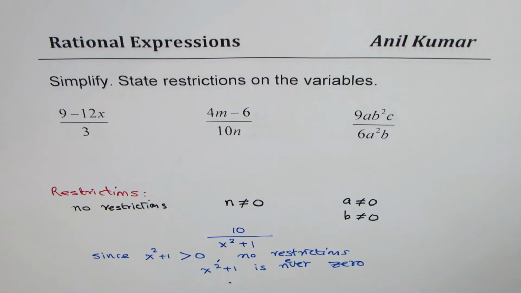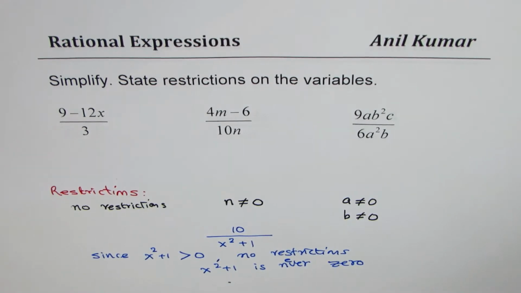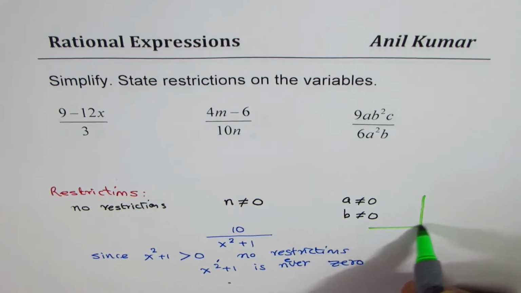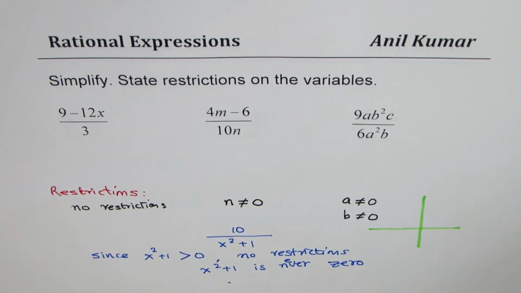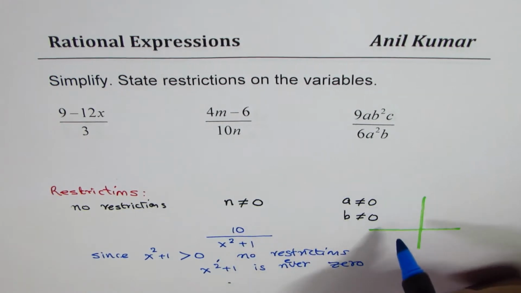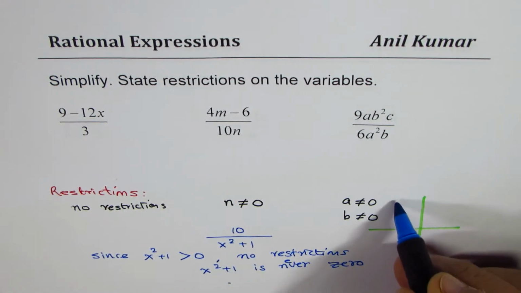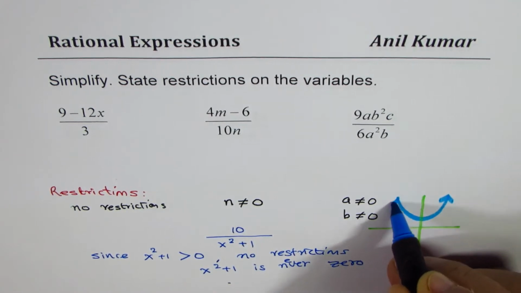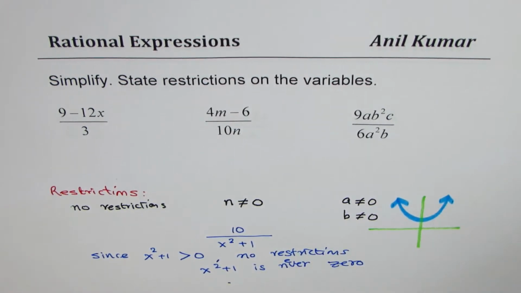Right. Let me elaborate on this, since that is one of the most important parts where at times you can make a mistake. So let's concentrate on things which can help us avoid mistakes. When I say x squared plus 1, we are looking at a parabola which could be sketched like this. There are no x-intercepts.